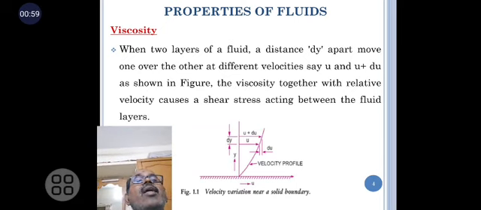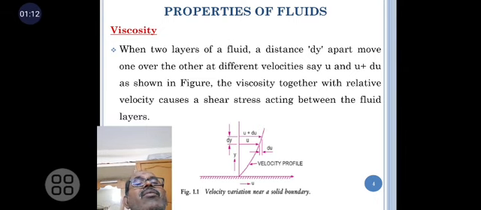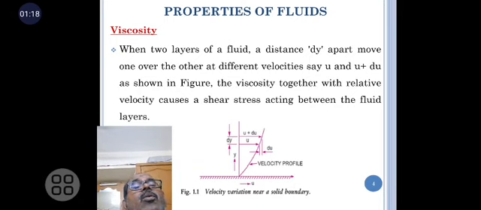The difference in velocity is u and u plus du, as shown in the figure. At a solid boundary the velocity is 0, and gradually the velocity increases.